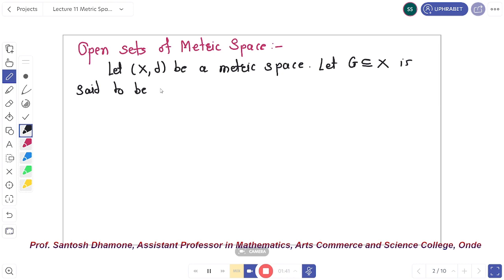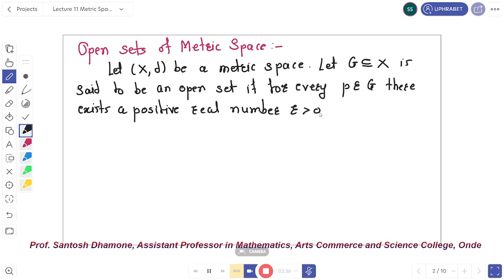if for every small p belonging to G, there exists a positive real number small r greater than 0 such that the open ball about P with radius r is contained in G. This is the definition of open set.